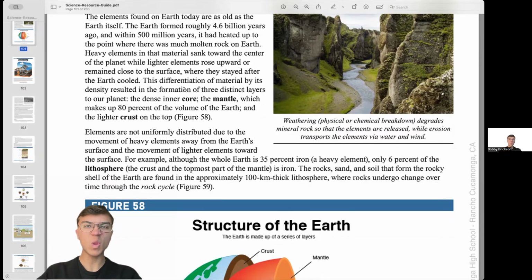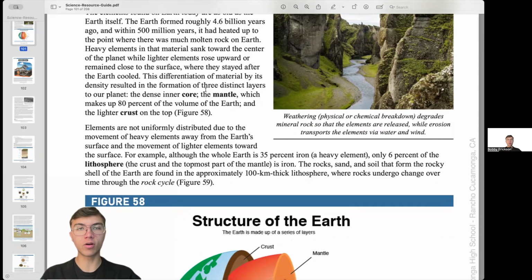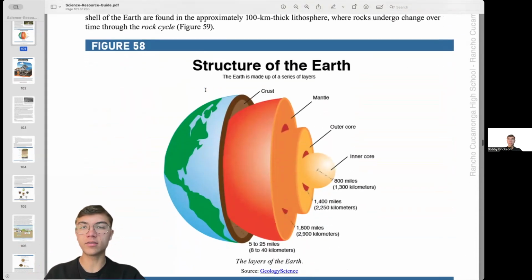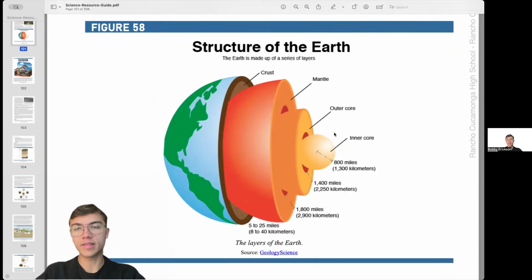So we have three distinct main layers of the Earth: the inner core, the mantle, and the lighter crust. If we take a look at this structure diagram, we can see that the inner core is about 800 miles or 1,300 kilometers in radius.